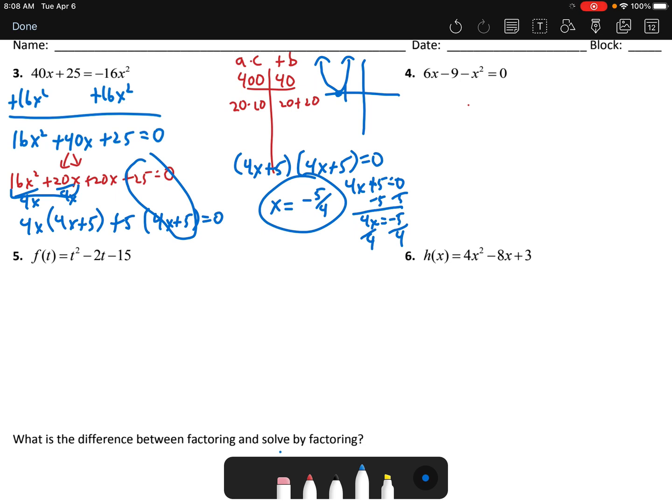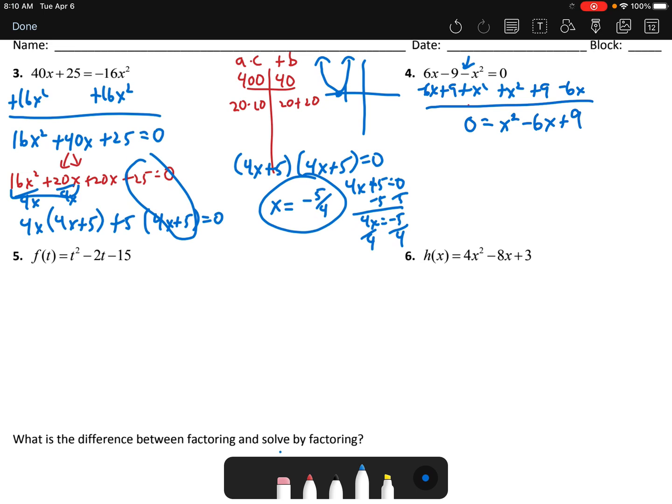Okay, the next one is really bad because we have a negative x squared. But if we added it to the other side, hey, it would become positive. And we can add 9, and then we could subtract 6x. Because remember, it has to equal 0. Now I'm going to rewrite this in order.